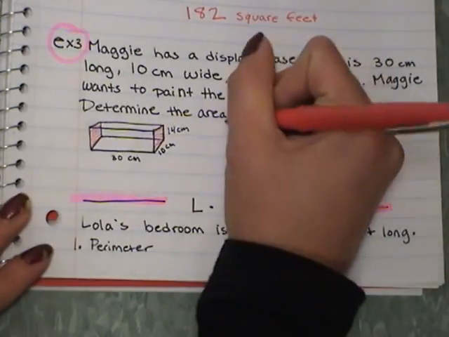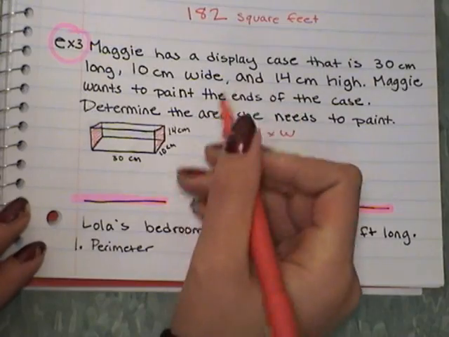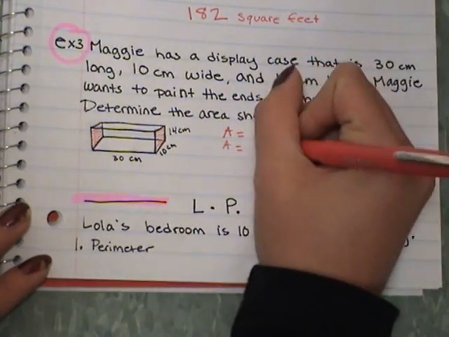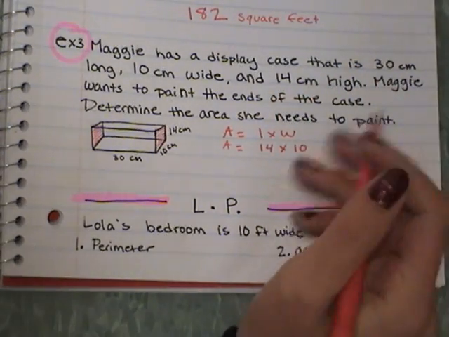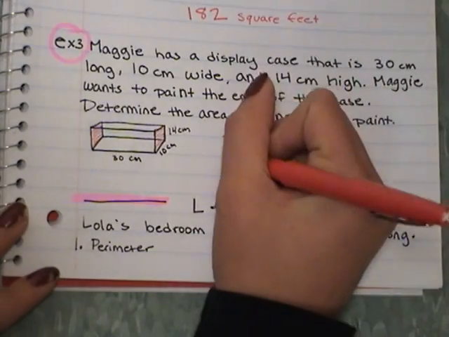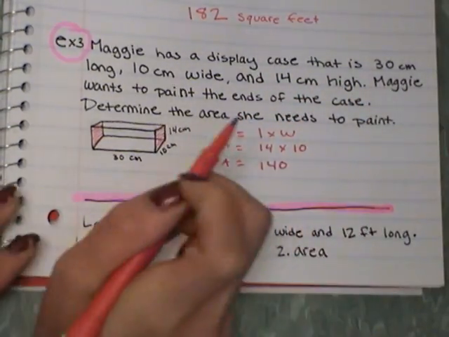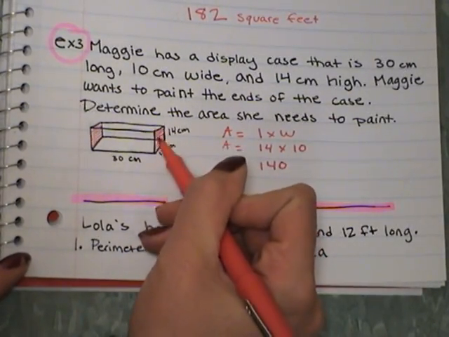To do that, I would say area equals length times width, which my length and my width, I would say area equals 14 times 10. And we all know that when we multiply with a 10, we just have to put our 0 on the end, 140. But with this, I just found the area of one square.